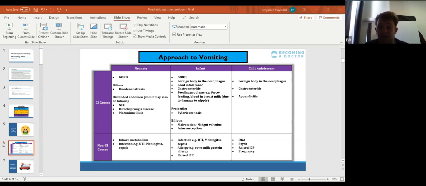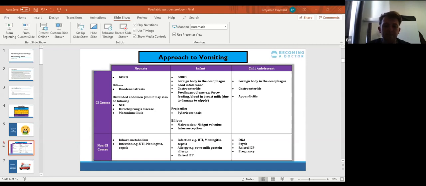Is it non-bilious? We want to know about changes to the stool. Is there blood in the stool? Are they not passing any stool? That can all go with obstruction again. And then how they're behaving. Have they been more lethargic? Are they more tired? Do they have signs of dehydration?